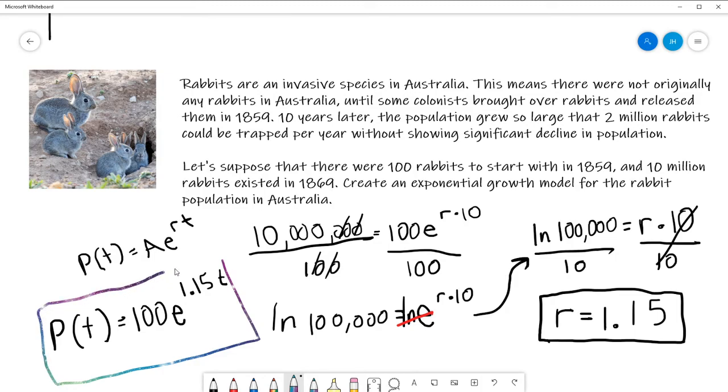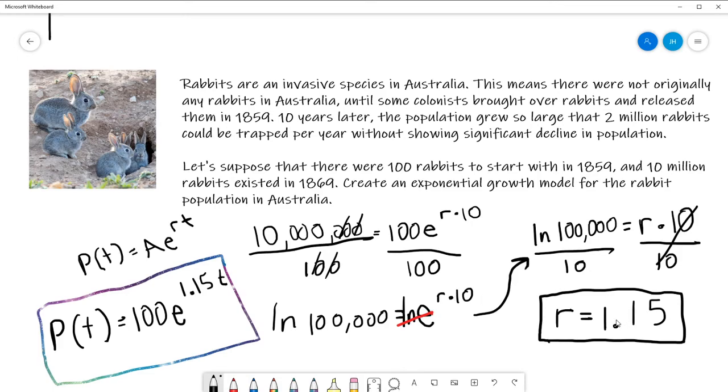Cool. So we've calculated a growth model. Now what we can do is use this to predict the population at various points in time. Like we could figure out, oh, what was the rabbit population 20 years later, 50 years later, and so on by plugging it in, right? Something that's crazy here though. Look at that growth rate, 1.15.